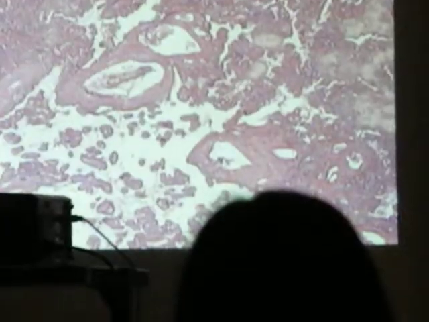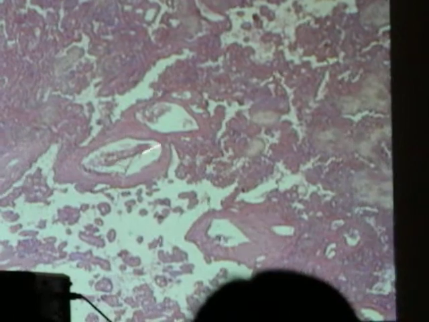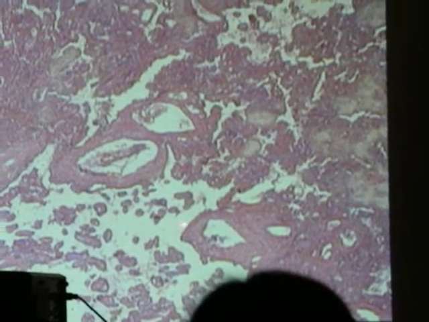There's a different kind of view, so the blood vessel is a little bit larger. So that whole thing is again villi, and then the intervillous spaces.